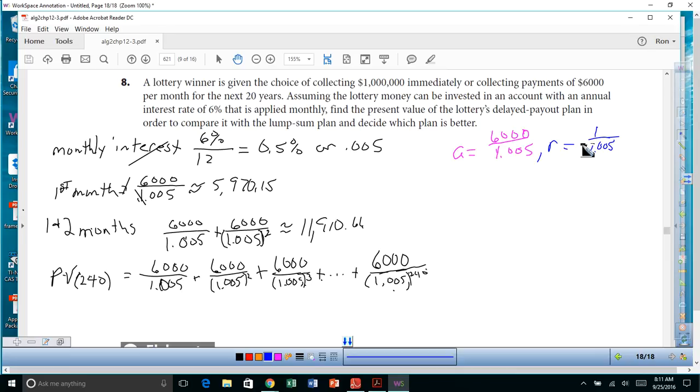That's how much we're growing or depreciating. And then our term N is 240, and I got that by 20 years times 12 months gave me 240. So that's how I got all that.